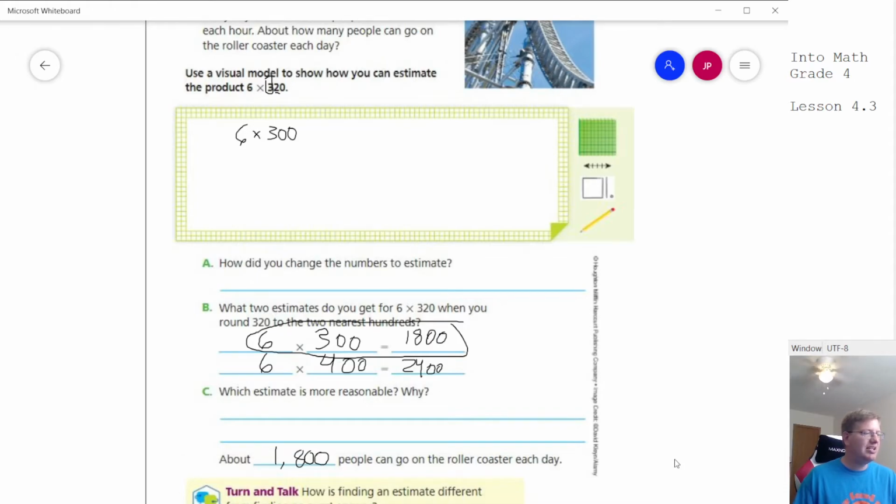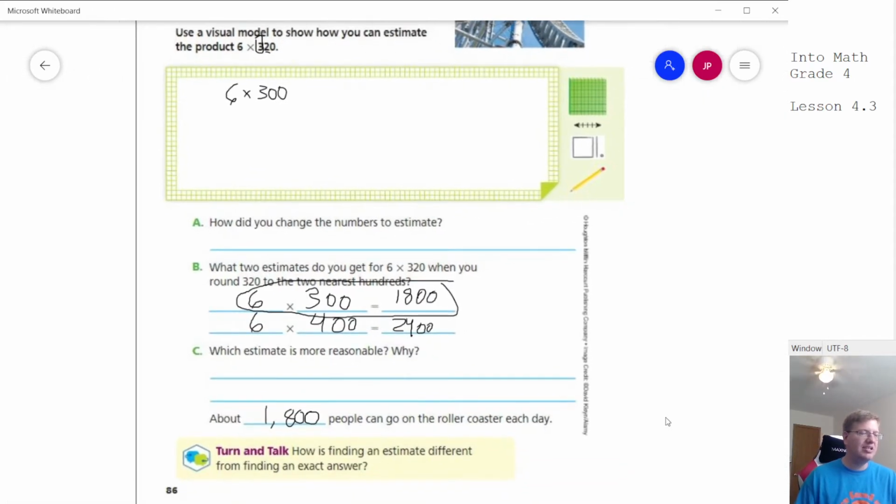How is finding an estimate different than finding an exact answer? So the estimate is different because it's not the exact answer, but it's a way to help us check and see whether our correct answer makes sense. So for instance, and I know that probably sounds a little backwards, let's say that we're working on this problem.